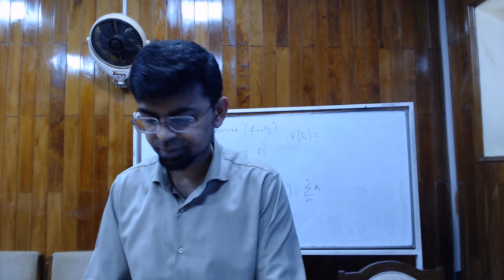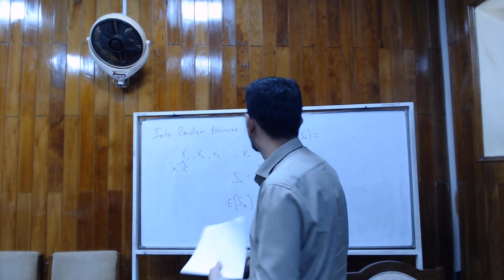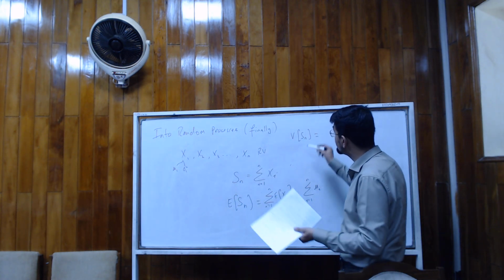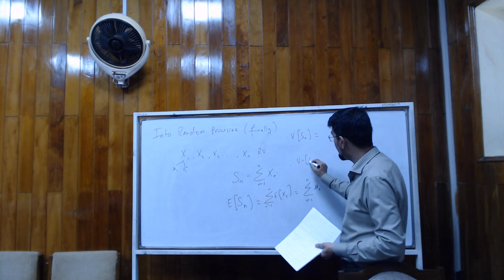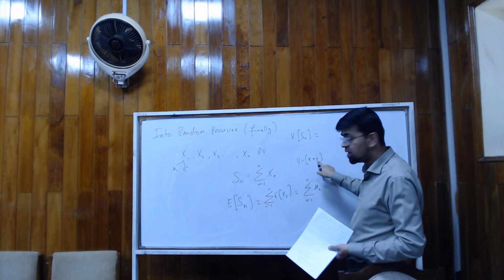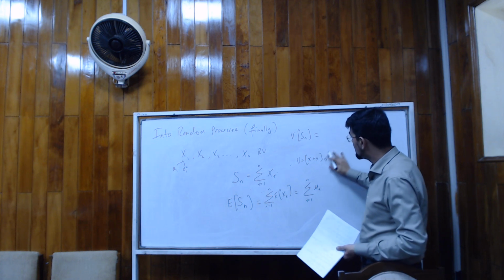Expectation of... you've already done this for variance of x plus y. Remember ax plus by, if I take them one and one, it turned out to be, what was it?